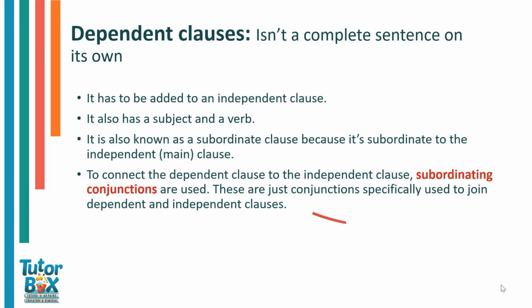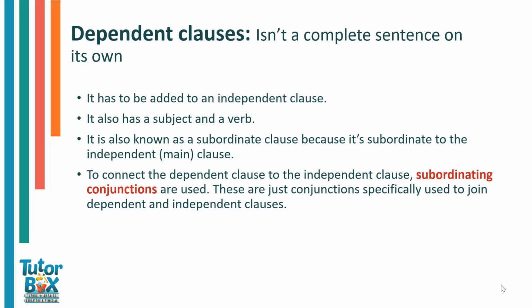To connect the dependent clause to the independent clause, subordinating conjunctions are used. This is not the same as a coordinating conjunction, which is used in independent clauses. Subordinating conjunctions are conjunctions specifically used to join dependent and independent clauses.